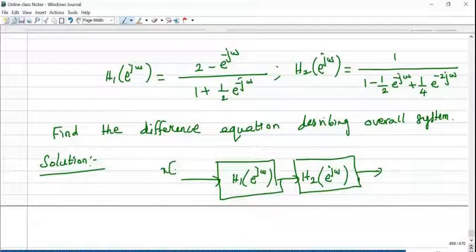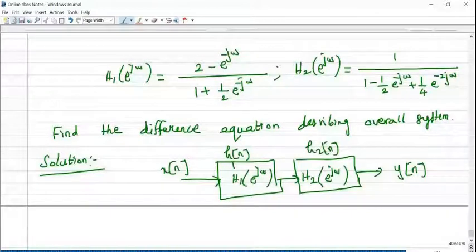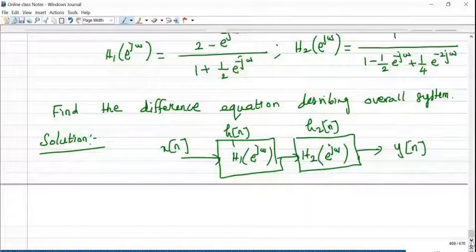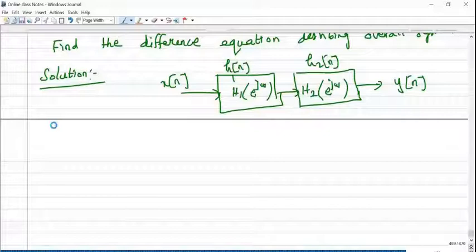This is x of n, y of n. This system has impulse response h1 of n, and this system has impulse response h2 of n. Now they are asking what is the relation between y of n and x of n in difference equation. In unit 2 we studied LTI systems connected in cascade, particularly in the frequency domain.